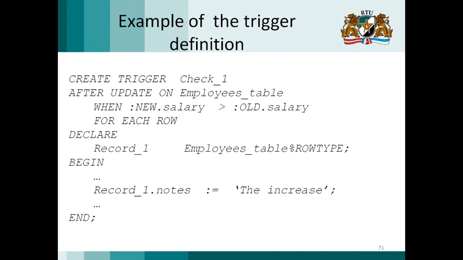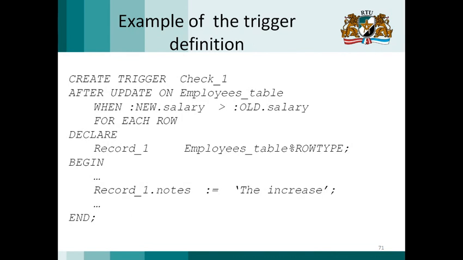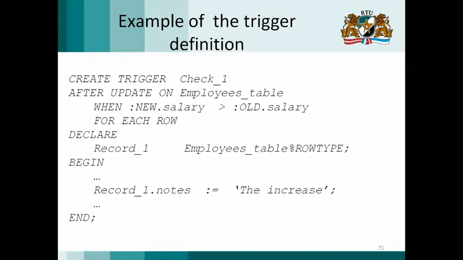If we take a look at this example, in this case, when employees table is updated, so we change some values in this employees table, this trigger is fired, and there is this condition when new salary is greater than old salary.